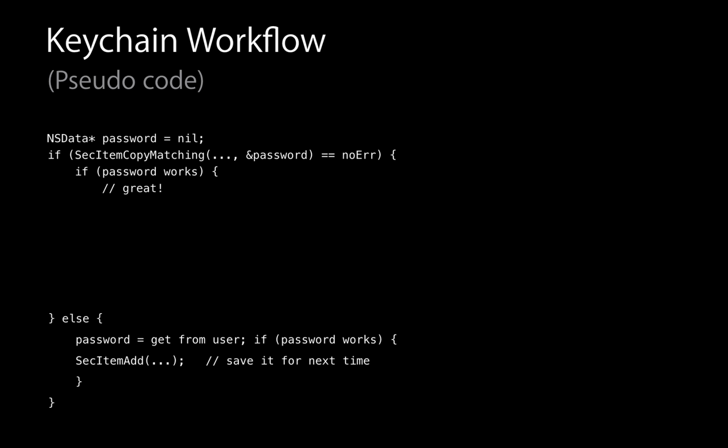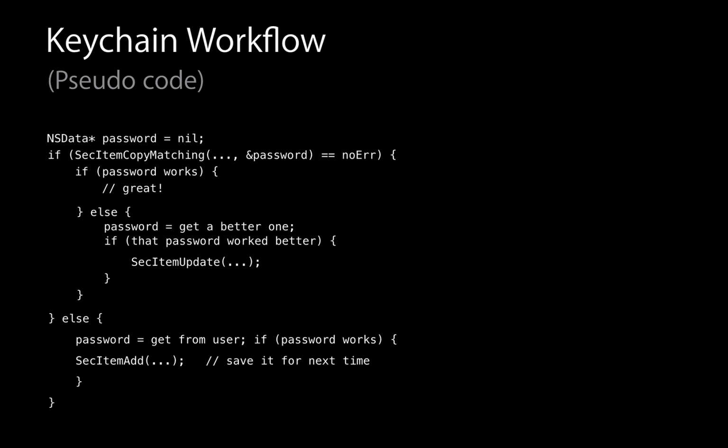Once you've prompted for the password and verified it, you'll then need to add that to the database so that the next time the user goes to use your application, you don't need to nag the user for the password again. Now, you might run into a situation where the password in the database no longer works for the service that you're protecting. In those situations, you may need to prompt the user again for a better password. Once you've verified that better password, go ahead and update that in the database so that later, when your application needs it again, it can use that password.